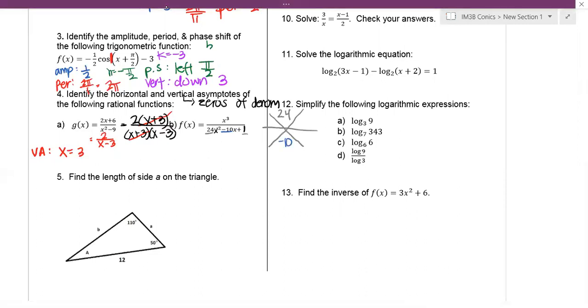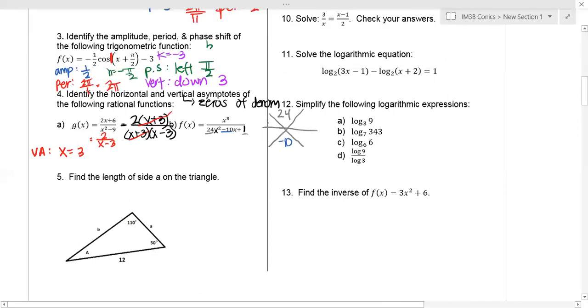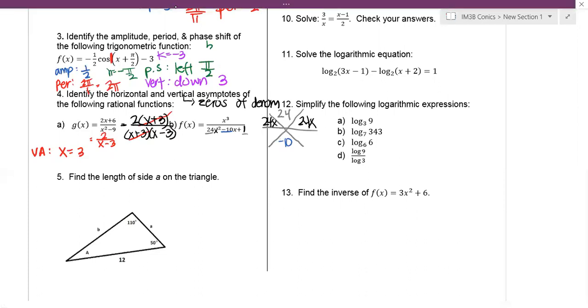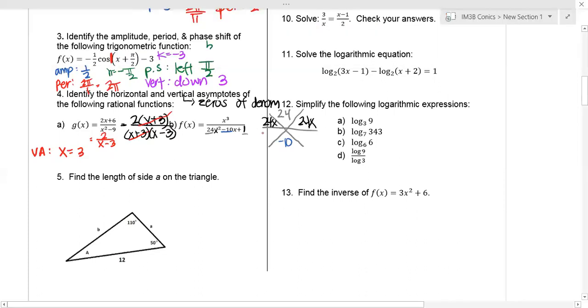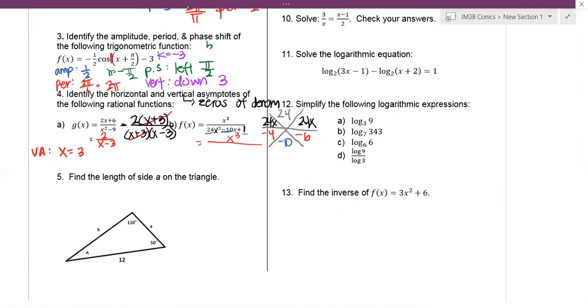And then I'm putting 24x here because I know that that's what my two things need to eventually multiply to. So two numbers that multiply to positive 24 and add to -10 are -4 and -6.